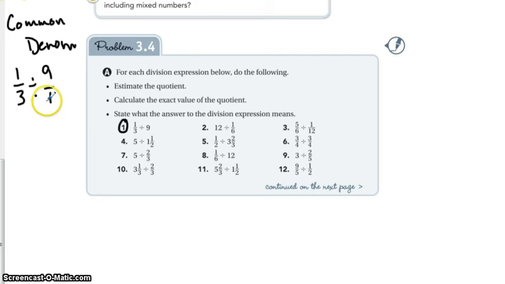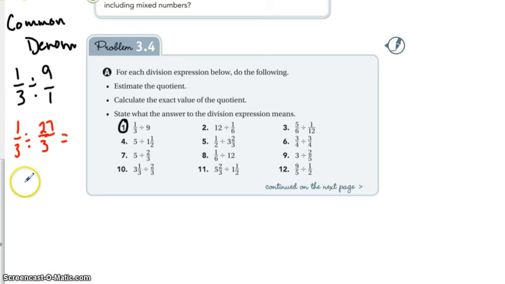In this case, the common denominator is going to be 3 because 1 can go into 3 by multiplying by 3. So this would be 1/3 divided by something over 3. We multiplied the 1 by 3 to get to 3, so we are going to do the same thing to the 9. So 9 times 3 is 27, and that gives us our new numerator.